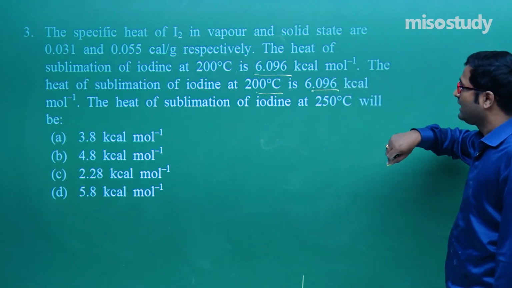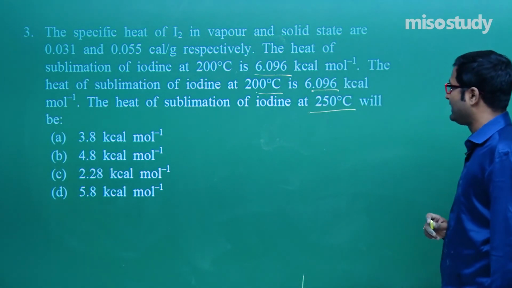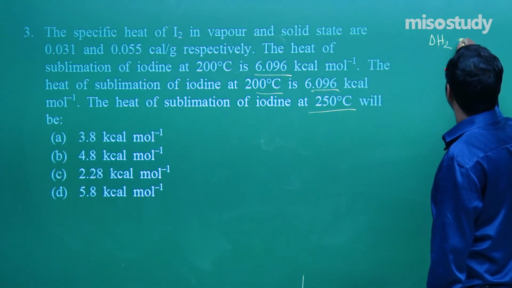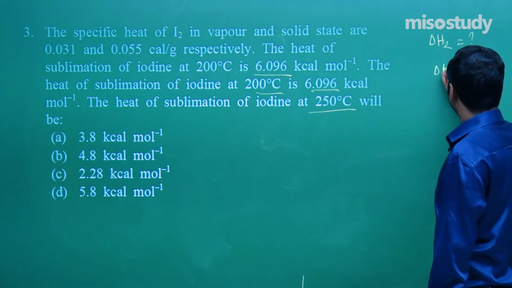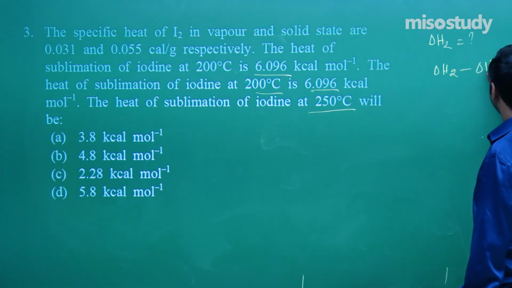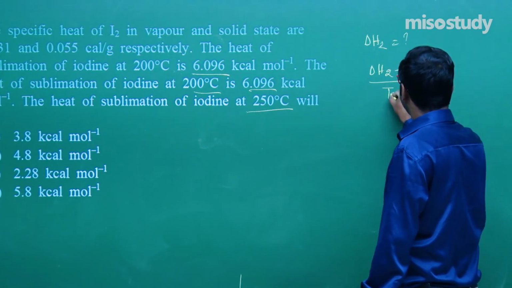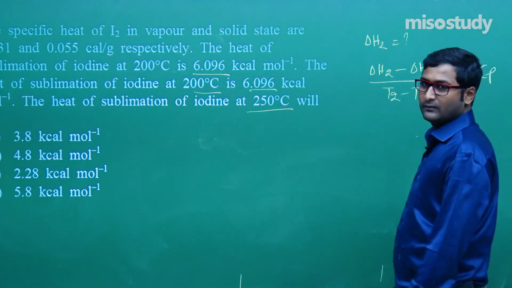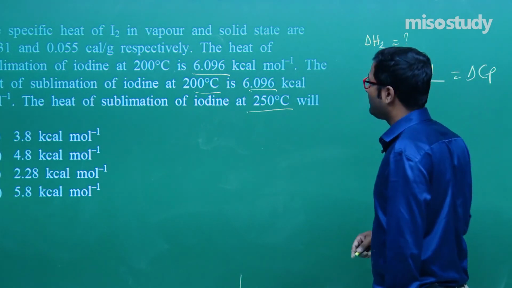Okay, repeating the question. The heat of sublimation at 250 degrees Celsius, that is delta H2, we have to find. As we know, delta H2 minus delta H1 upon T2 minus T1 is equal to delta Cp. Clear to you?